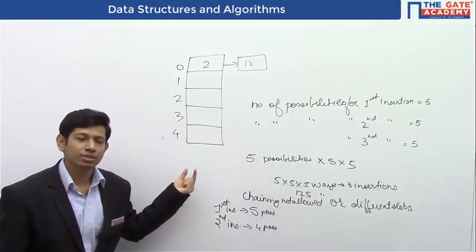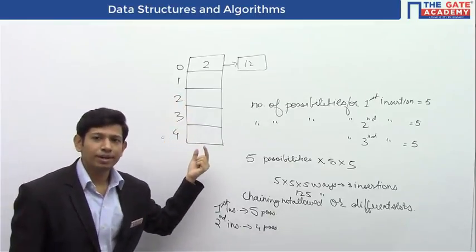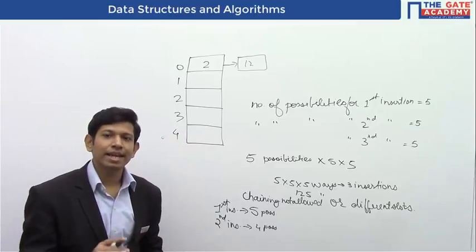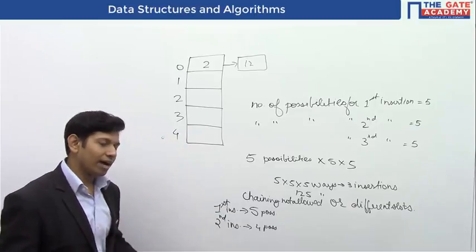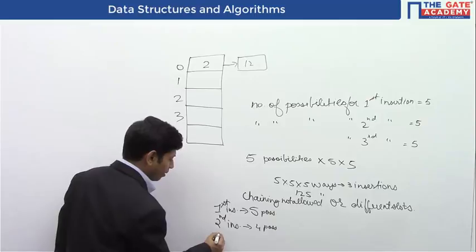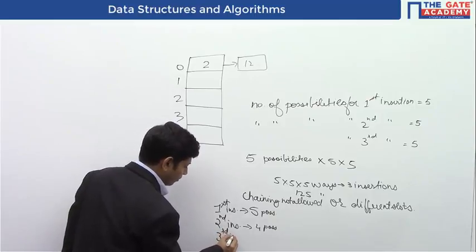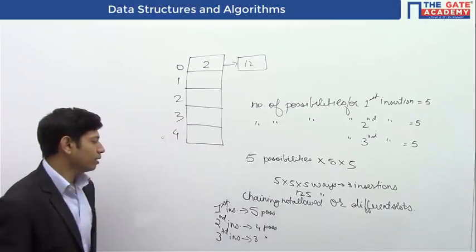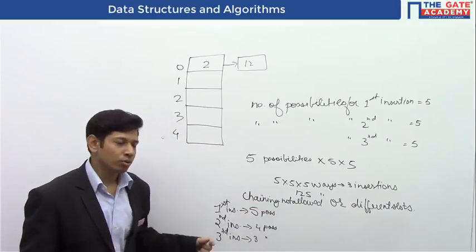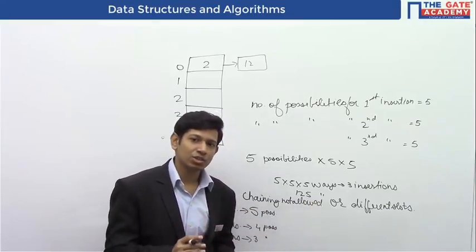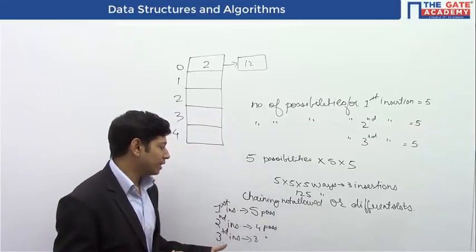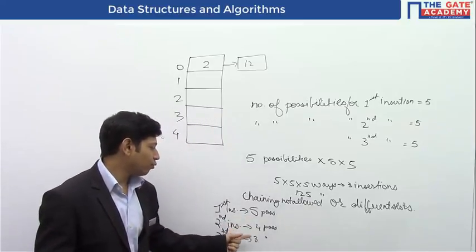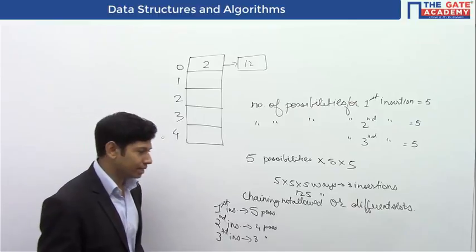Similarly, for the third insertion, since we are left with 3 empty slots, we have 3 possibilities. So if chaining is not allowed, or if all keys hash to different slots, then we have 5 into 4 into 3 possibilities.